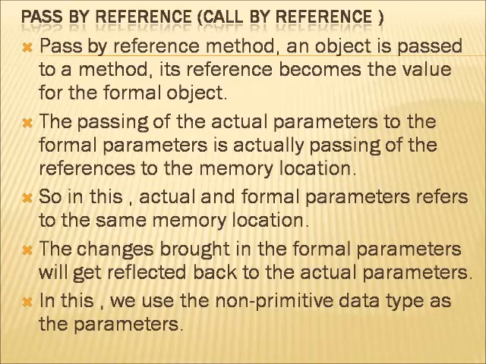But when it comes to pass by reference, an object, that is a reference to the memory, is passed as a value. So in pass by reference we use an object, and a reference to the memory is used inside the method.